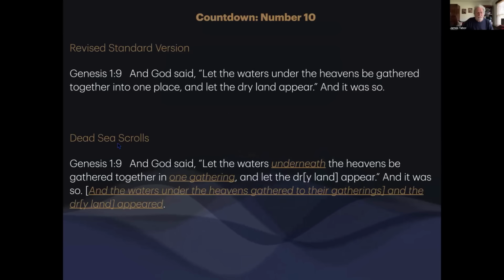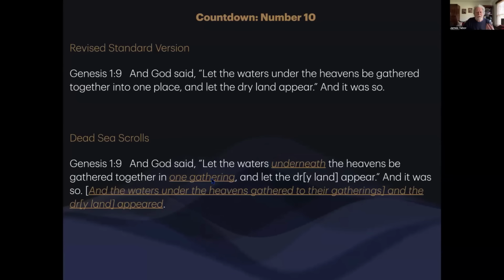It really should. So what does it say in the Dead Sea Scroll version of Genesis? "And God said, let the waters underneath the heavens" — that doesn't matter much, underneath, it's just a different word in Hebrew — "be gathered together in one gathering." So the standard Masoretic text says one place, but when you say one gathering, notice the alliteration and how the verb goes together, gathered together in one gathering.